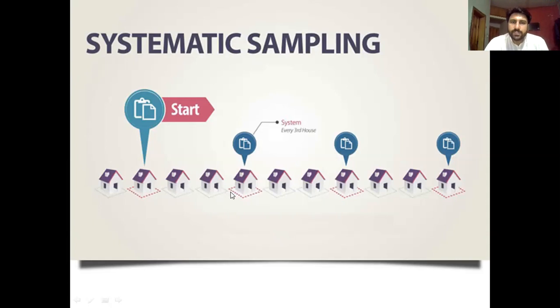So 1, 2, 3, this is going to be selected as the sample, every third house, then 1, 2, 3, every third house, then 1, 2, 3, every third house. Therefore, the very first element selected is random, and the subsequent samples are based upon the first sample, and are not random but in a proper sequence.